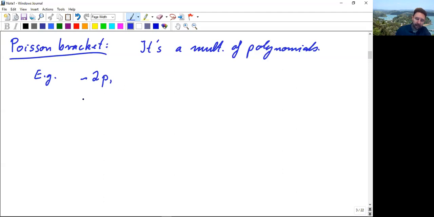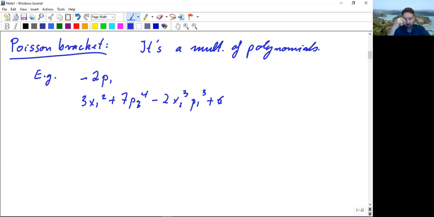And then let's say the second polynomial could be 3x1 squared plus 7p3 to the fourth minus 2x2 to the third p1 to the third plus 6. So we have two polynomials here in the variables that occur in physical systems. What's their product under the multiplication which is called the Poisson bracket?